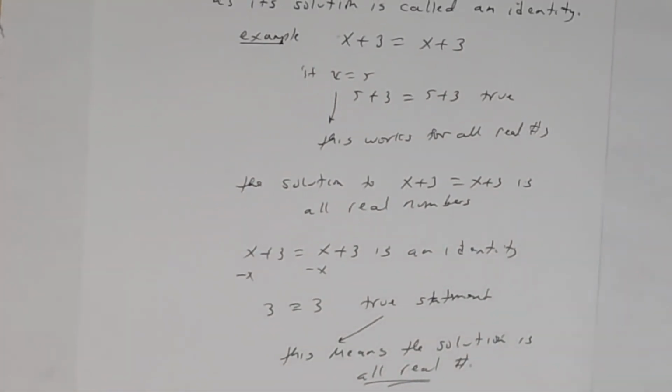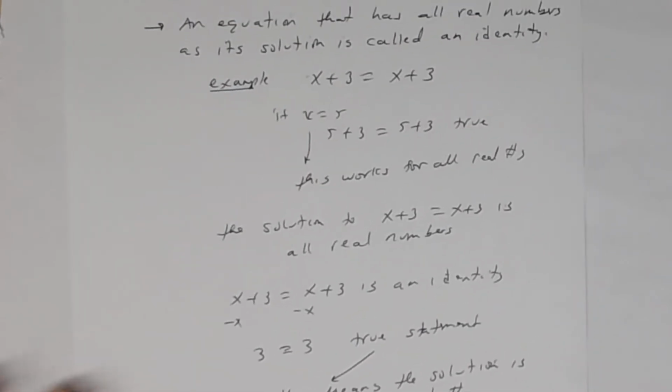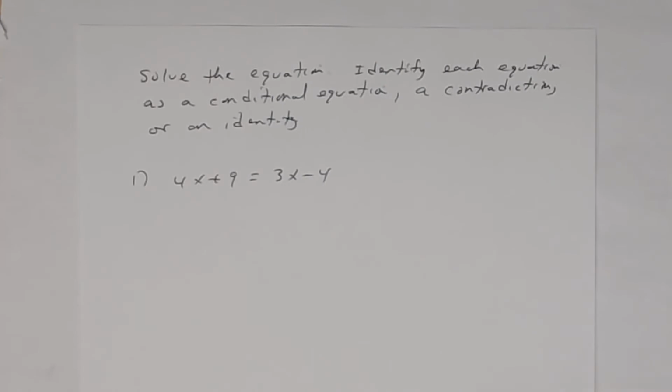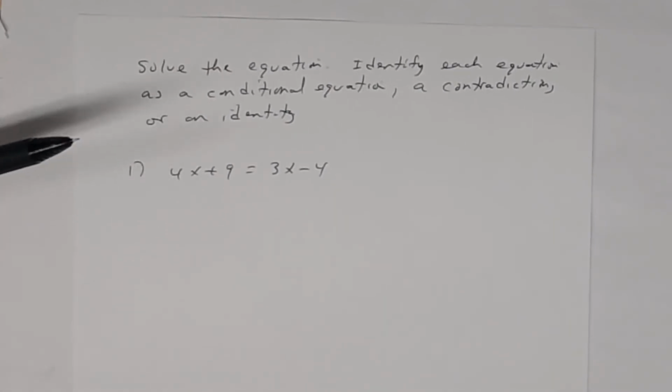All right, so let's look at some examples where you have to determine whether the equation is a conditional equation, a contradiction, or an identity. In each problem, the direction says: solve the equation and then identify whether the equation is a conditional equation, a contradiction, or an identity.